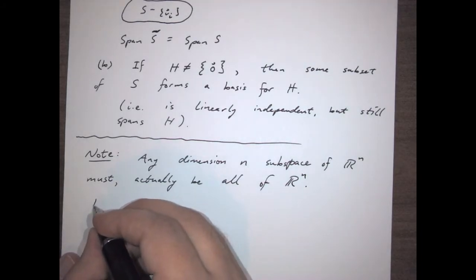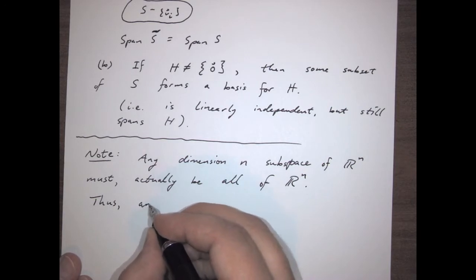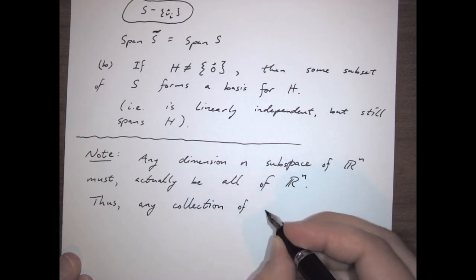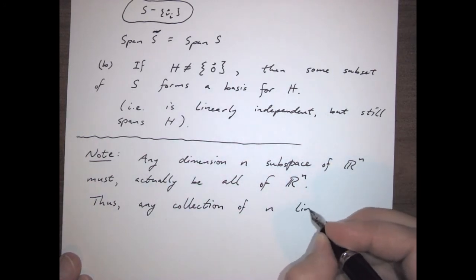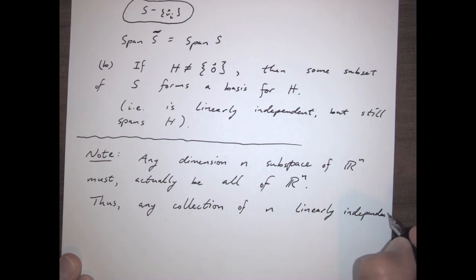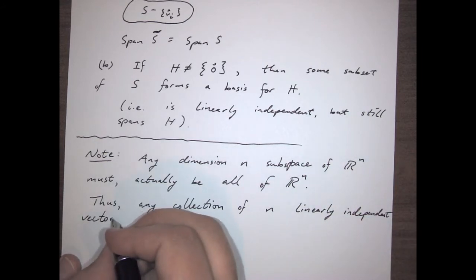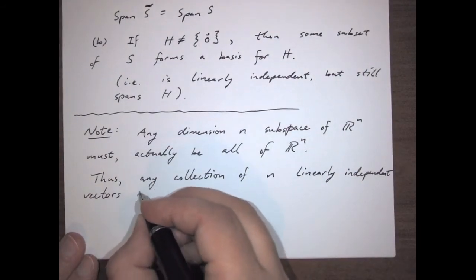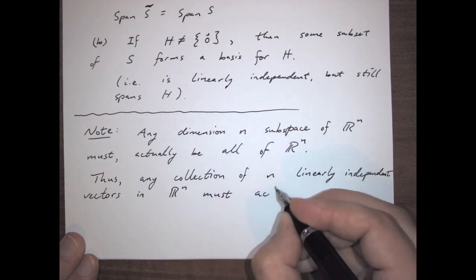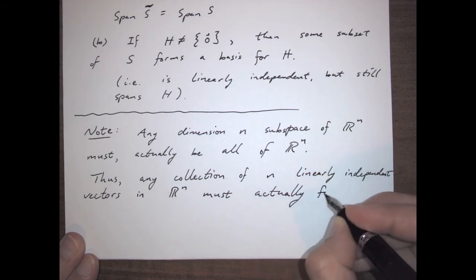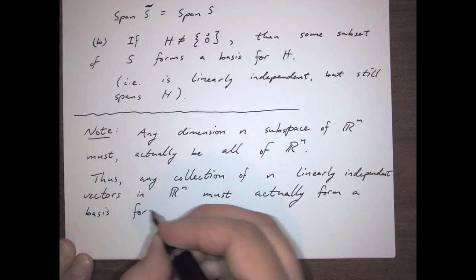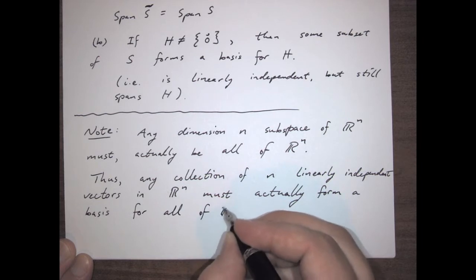So thus, any collection of n linearly independent vectors in Rn must actually form a basis for all of Rn.